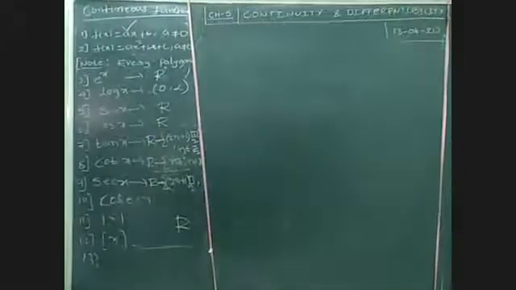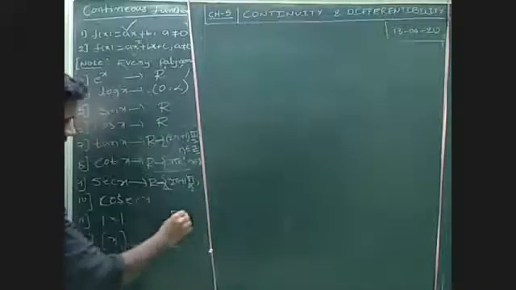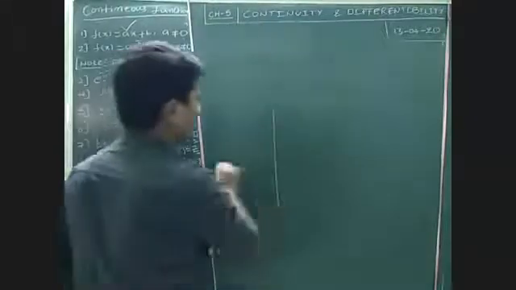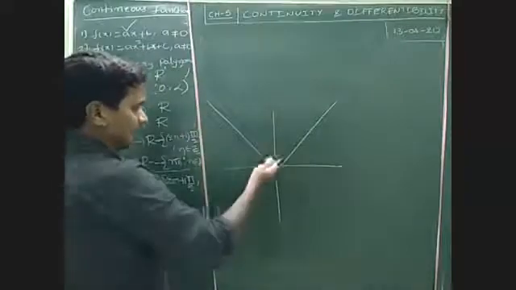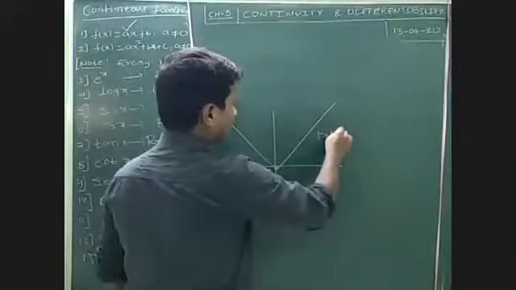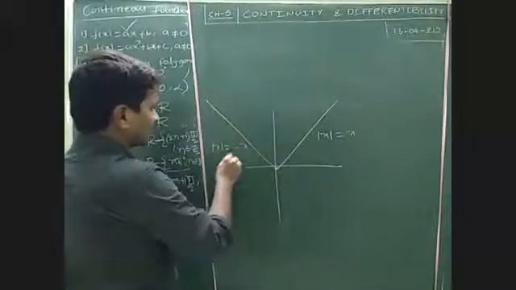Let's see now. What is the domain for mod x? Mod x has domain the real numbers. Observe the graph of mod x. Mod x is equal to x for x greater than 0, and mod x is equal to minus x for x less than 0.